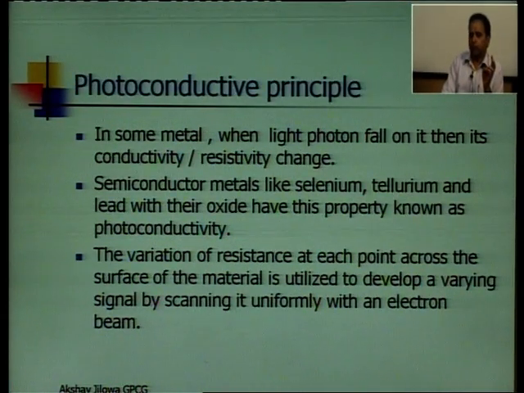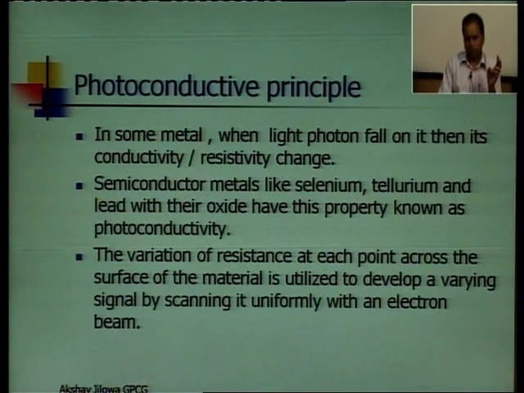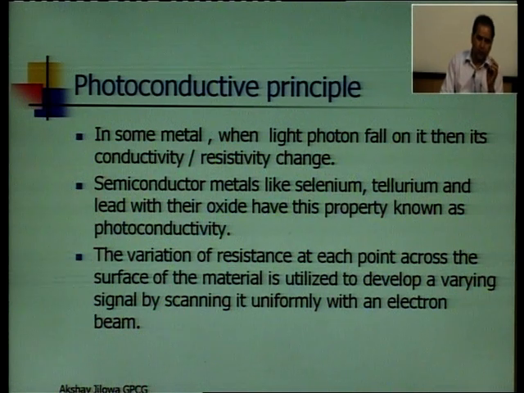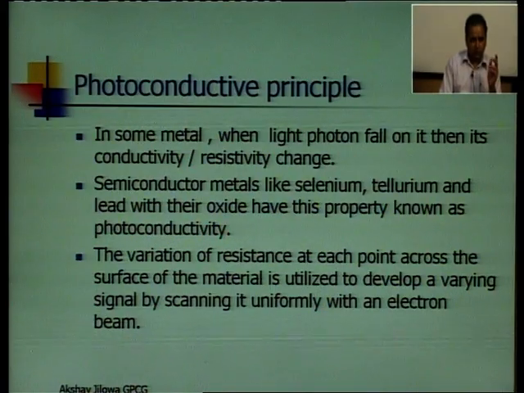Next, the photoconductive principle. We discussed photo emission, now photoconductive. In some metals, when light photons fall on them, their conductivity or resistivity changes.